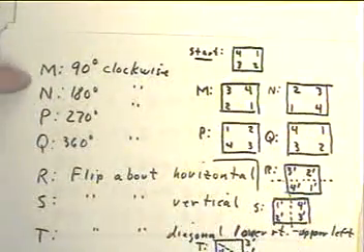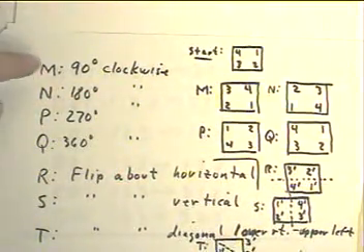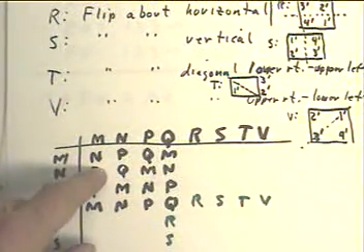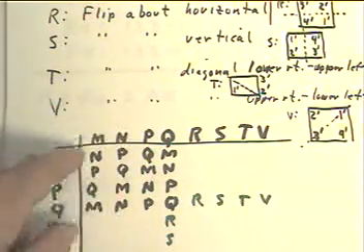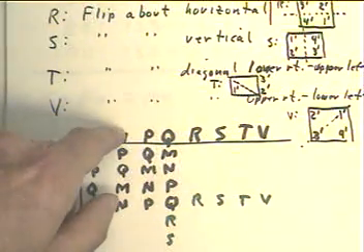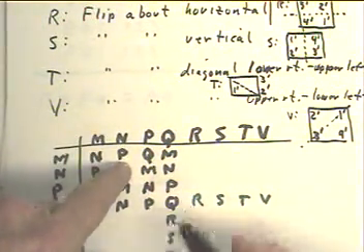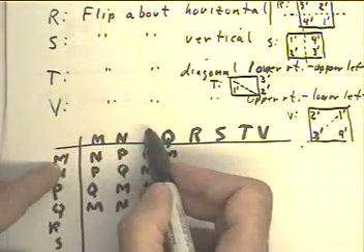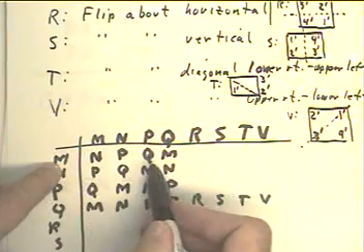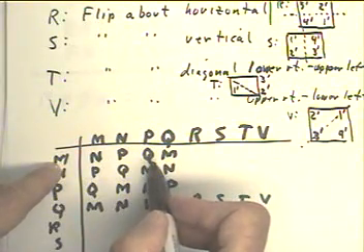So an M and an M, a 90 and a 90 will give us a 180. So that's fairly straightforward. If we did an M and an N, well, that would be a 90 and a 180, which would give us a 270, which is the P rotation. And M 90 degrees, P 180 degrees would give us a Q, which is 270.